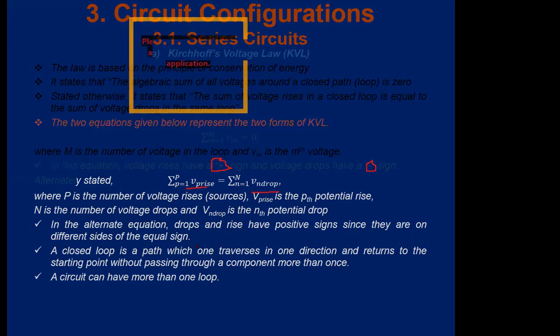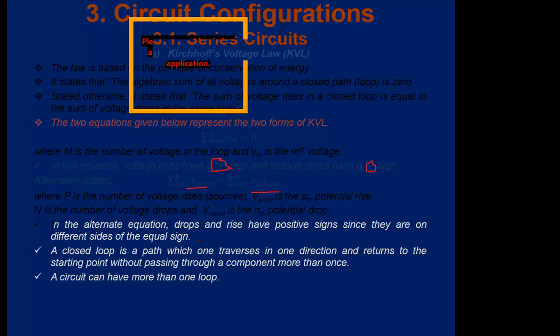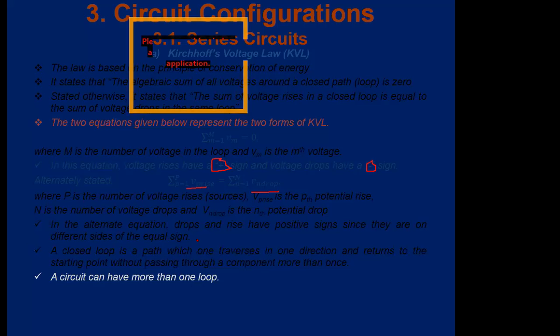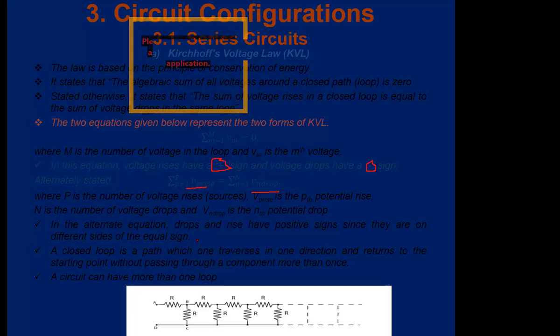So what is a closed loop? A closed loop is a path in which you move around and pass through a component only once, right? If you move and pass through a component only once and come back to where you started, you have completed a closed loop in the circuit. So that is a closed loop in our circuit.